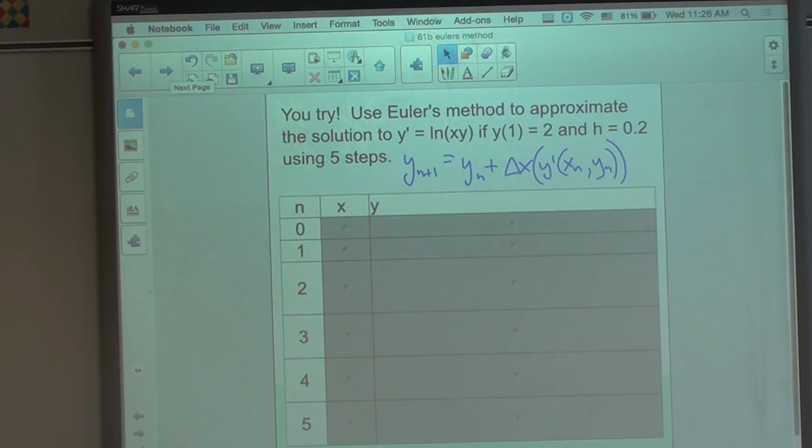They use h. What does h mean? It's the same as delta x. Do you remember when you first learned derivatives and you had the definition of a derivative, the limit as h approaches 0 of f of x plus h minus f of x over h? And you also saw problems where it was the limit as delta x approaches 0 of f of x plus delta x minus f of x over delta x. H and delta x are used interchangeably. Delta x represents the change in the x value.